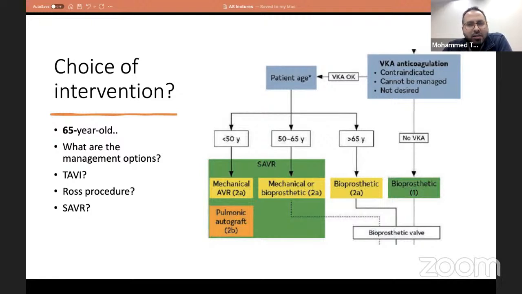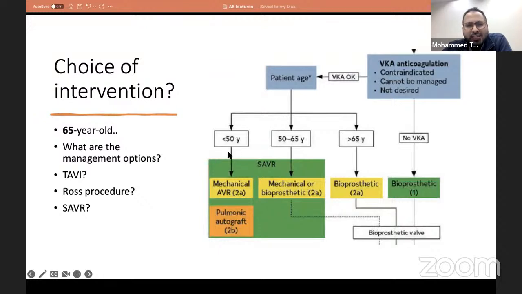I think TAVI deserves a talk by itself on another day. So the management option is based mainly on the patient's age, okay? So if the patient is less than 50 years of age or less than 65 years of age, you can argue that the surgical aortic valve is the way to go.